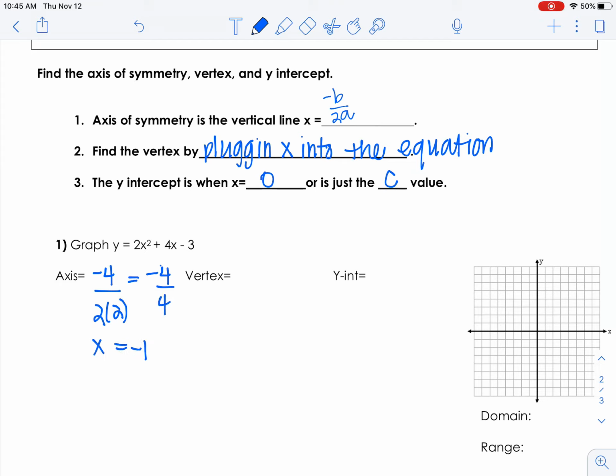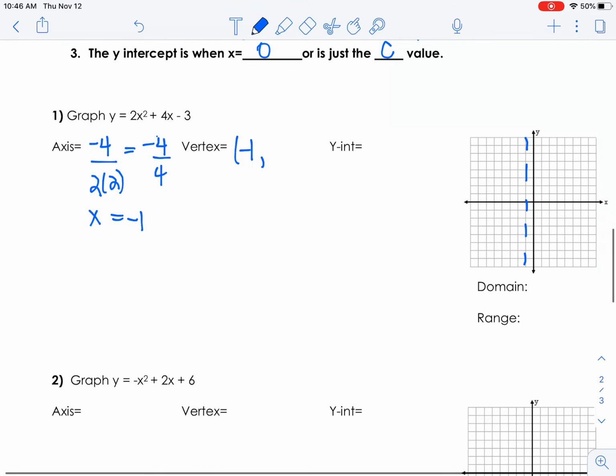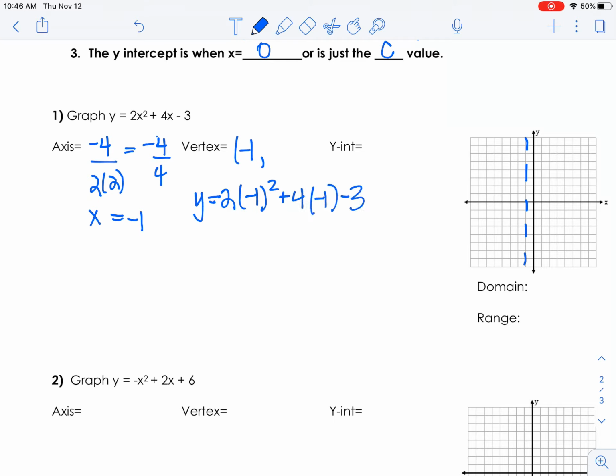Okay, now we know that's an x value. We know that'll be over here at -1. Okay, that tells me that the x value of my vertex is -1. Then in order to find the y value, I am going to plug -1 in for x. So y equals 2 times -1 squared plus 4 times -1 minus 3.